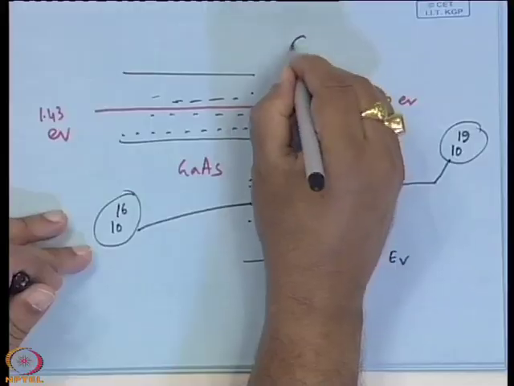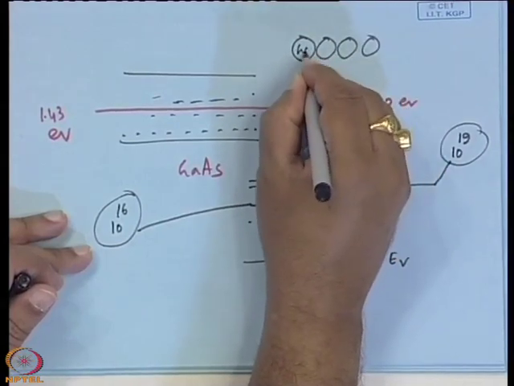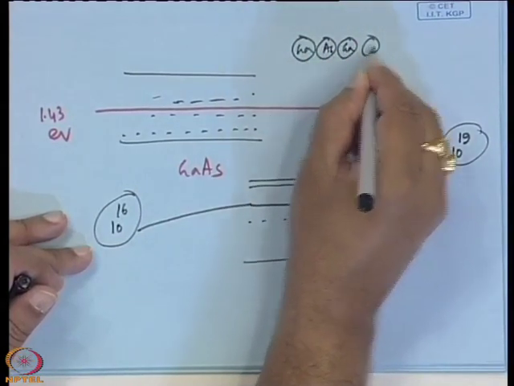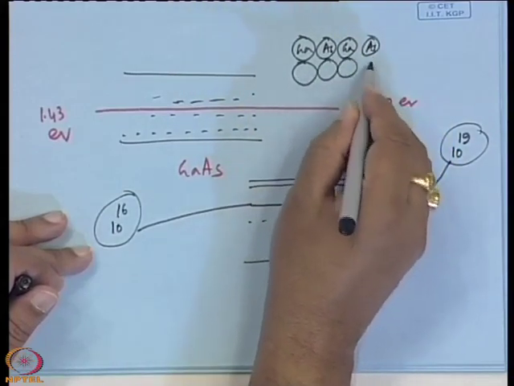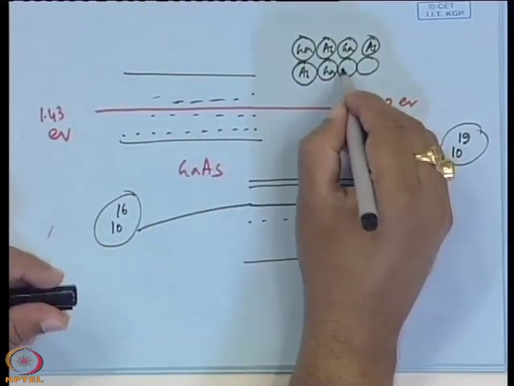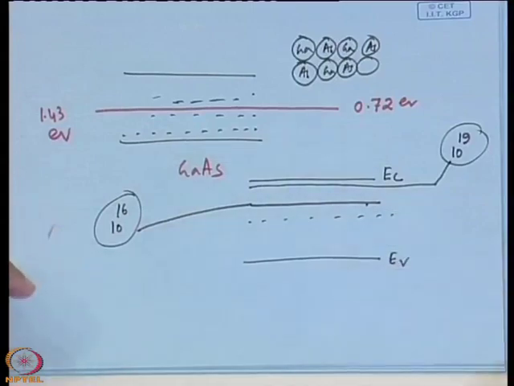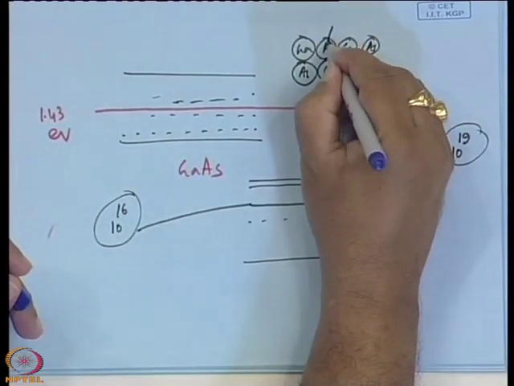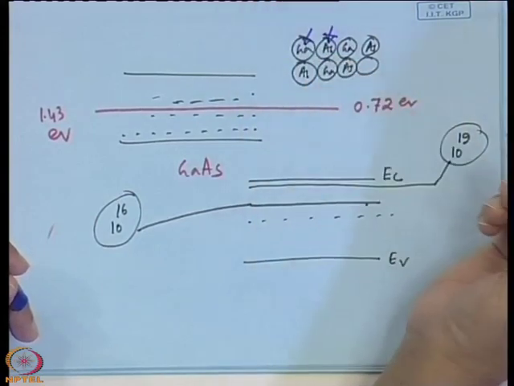If this is your gallium arsenide, with gallium, arsenic, gallium, arsenic alternating, then this is the position of the arsenic and this is the position of gallium.